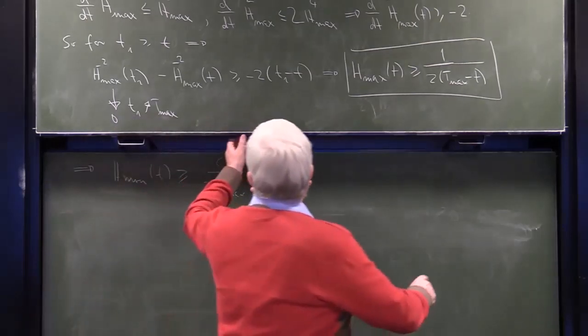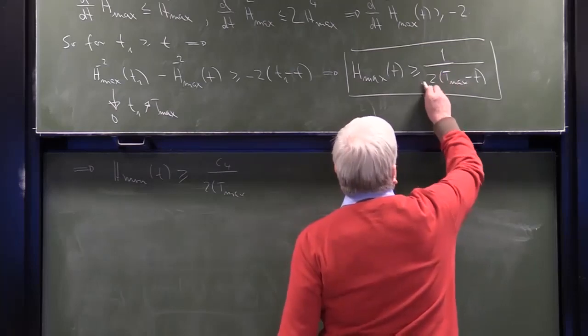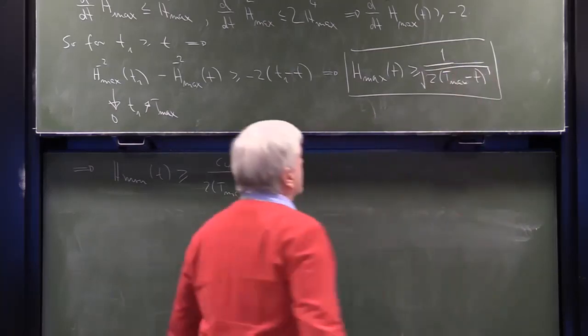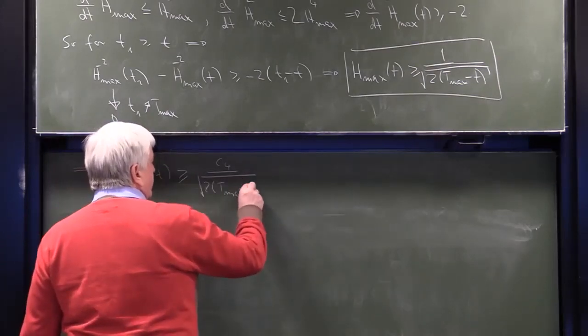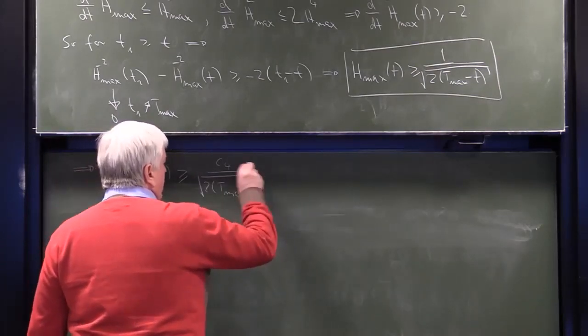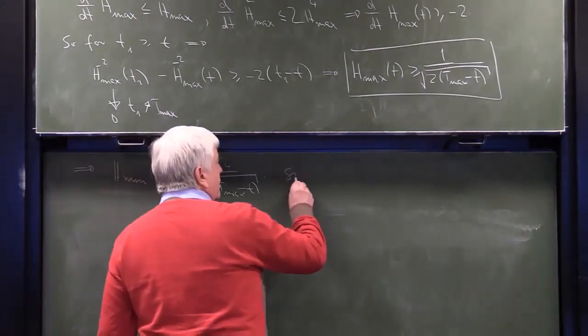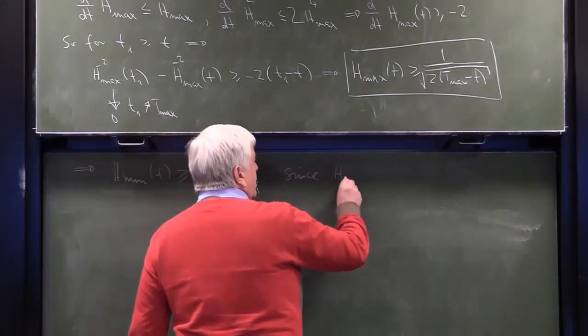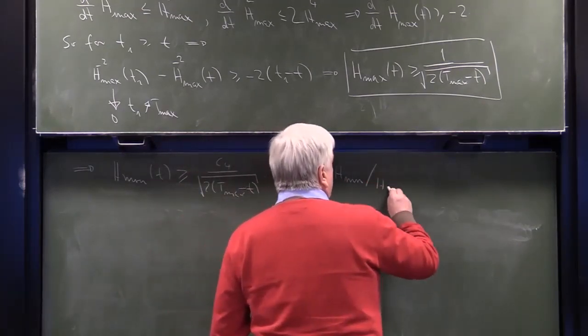Oops, I forgot the square root here, right? I forgot to take the square root. Okay. Since h min divided by h max.